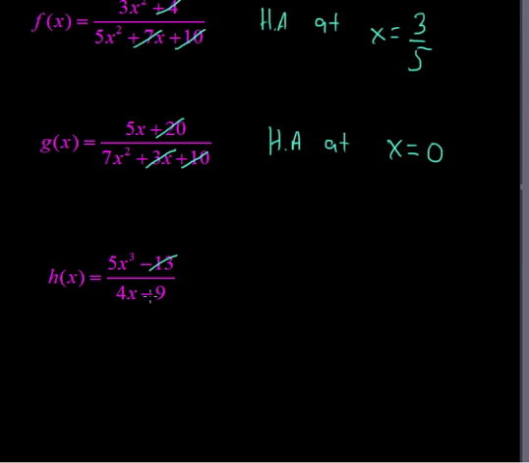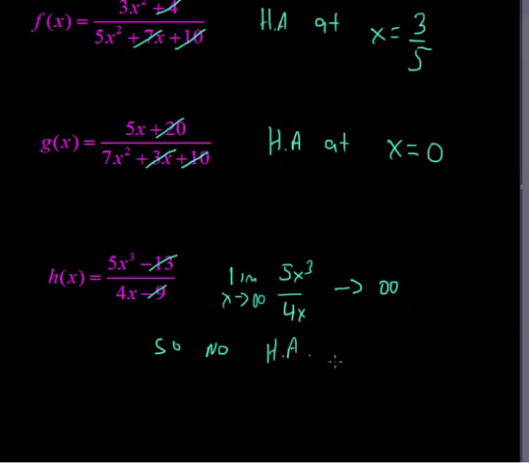Again, ignoring all the lesser degrees, this ends up being the limit of 5x cubed over 4x, which then reduces to the limit of 5x squared over 4. You can see that the numerator is growing way faster than the denominator, so this is approaching infinity. So we have no horizontal asymptotes.